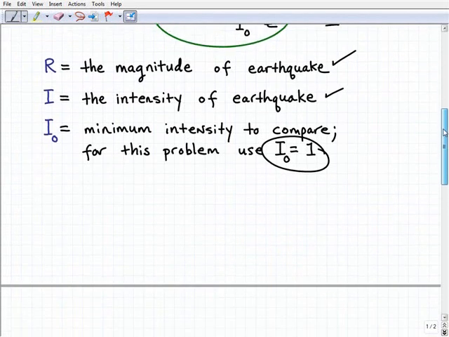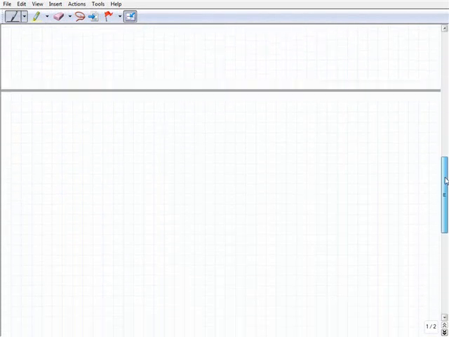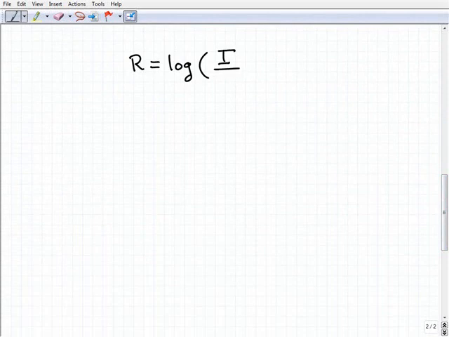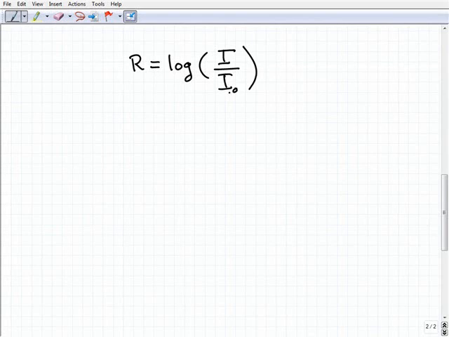All right, so the first thing I want to do is figure out these intensities. Let's look at the 6.0 earthquake first. We know that R is equal to log of the intensity over the initial intensity, I sub naught. I'm going to replace that with just 1.